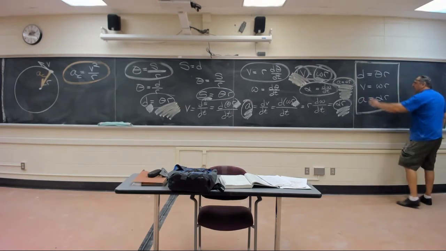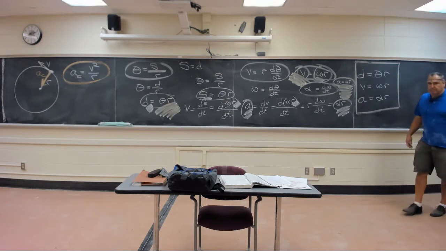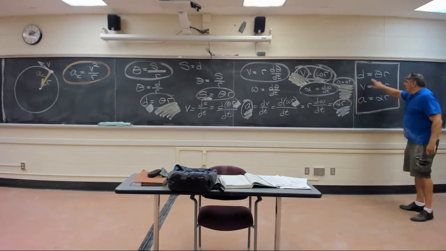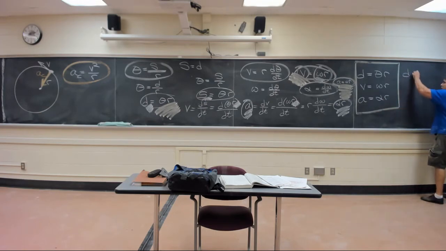Wait a minute. D equals theta times R, V equals omega times R, A equals alpha times R. It's as though D and theta, distance and angle, are analogous.